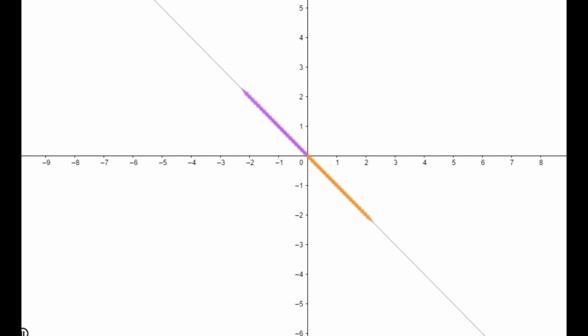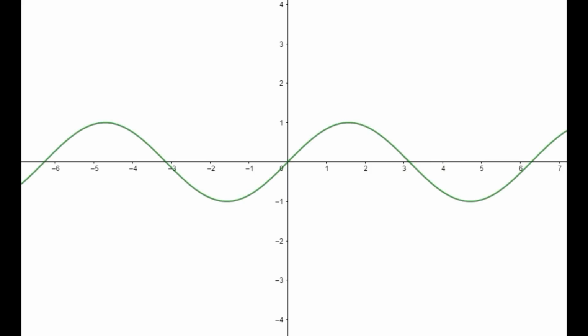Likewise, we have given f of x is equal to minus x, then quadrant 2 is related with quadrant 4. We have given one more example, f of x is equal to sin x. By observing these 2 points which are moving on the curve, you can say that the function is odd.